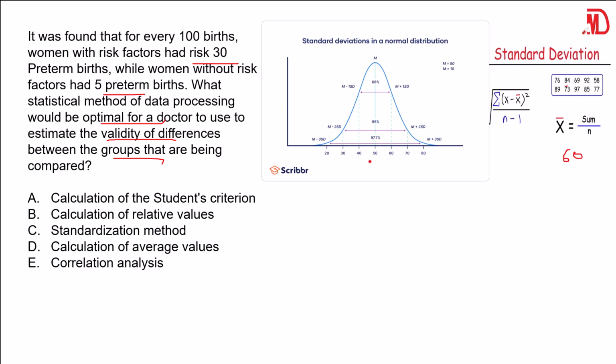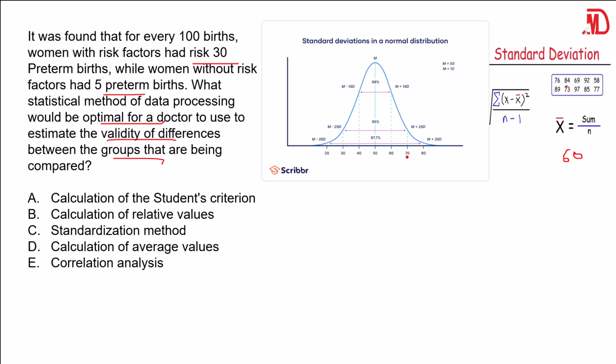I said the mean here is 50. So 20 is far away, 30 is closer, even though it's also far. 40 is much closer, 60 is so close. 70 is further away, 80 is even further away, isn't it? That is what is meant by standard deviation.